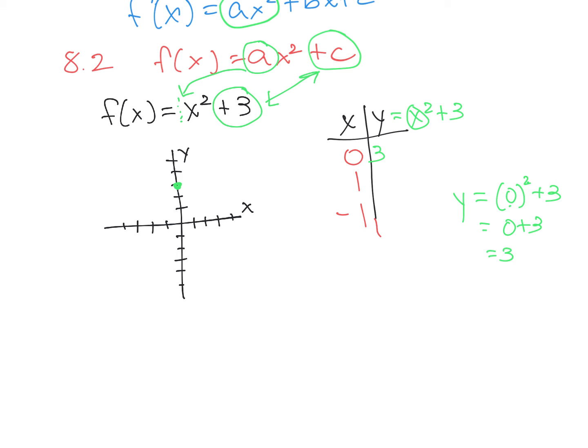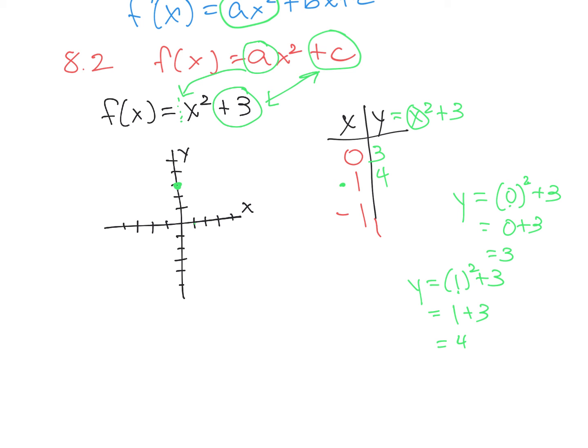Oh, look what that did. It was at the origin, and then that 3 moved my vertex, that's your start point, to 3. Now let's look at 1, and we do 1 to the power of 2 plus 3. When x is 1, we're going to plug that in. 1 to the power of 2 first, think of PEMDAS, parentheses, exponent, so we have to do that. 1 times 1 is 1, plus 3, so this is now 4.